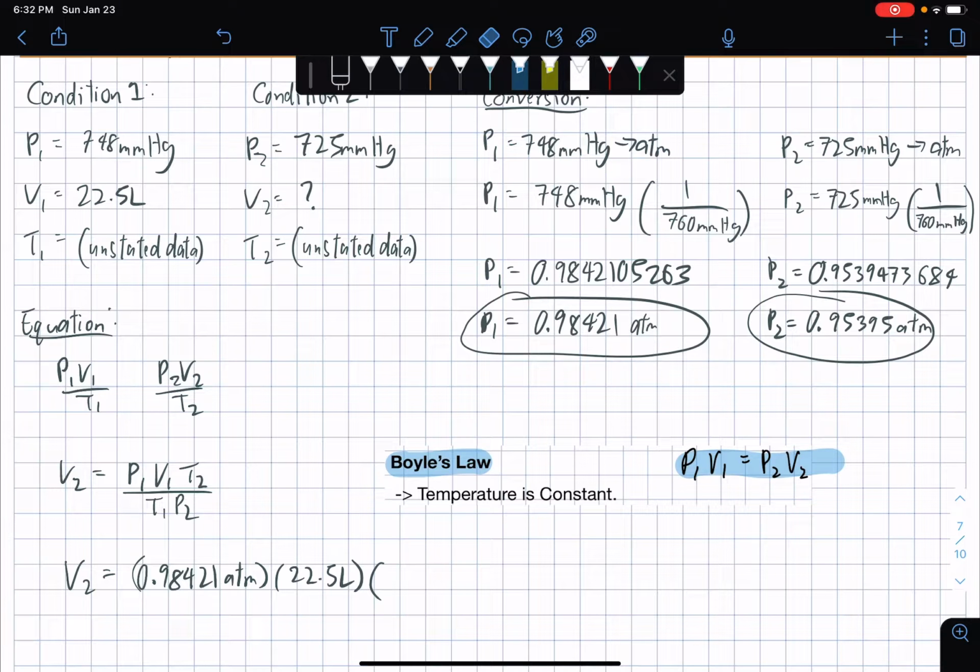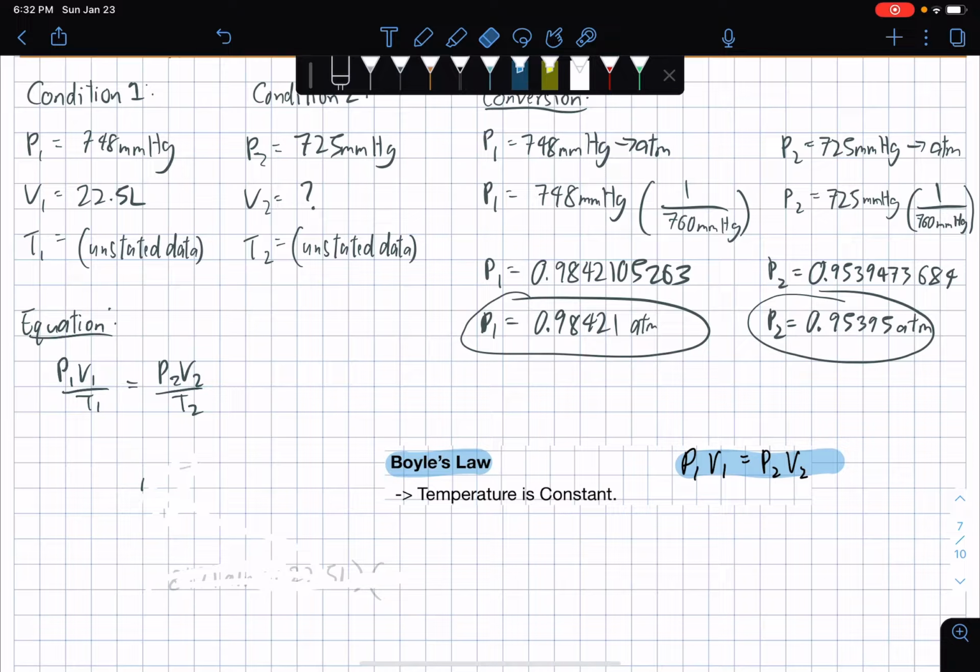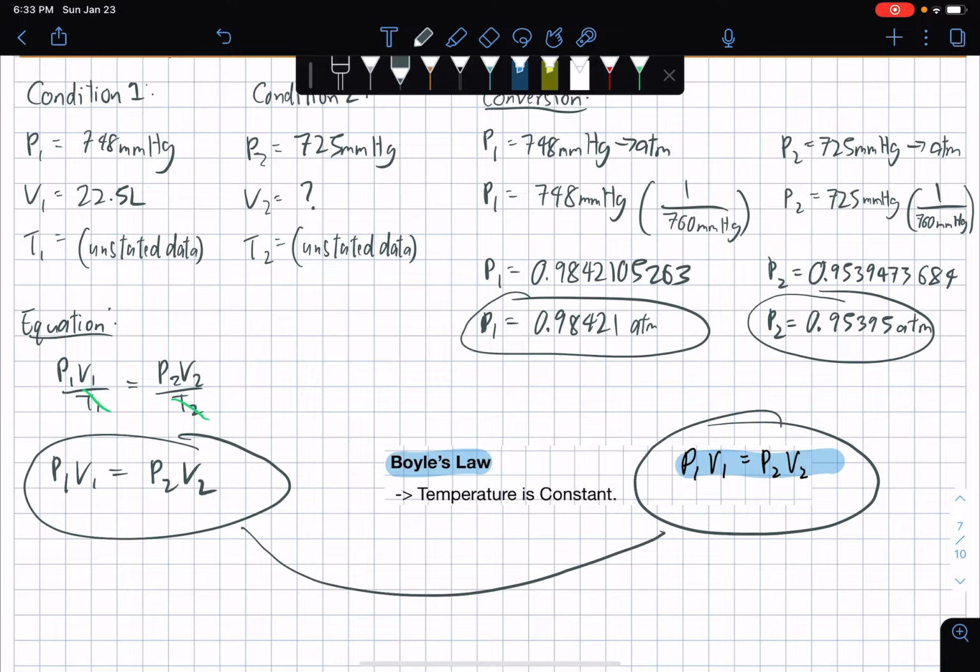I got it all wrong. Return back to the equation. I forgot to eliminate the values of T because again, T1 and T2 have unstated data. So we'll disregard that and we'll have P1V1 is equal to P2V2. I'm so sorry about that. Boyle's law, as you can see, they're both connected to each other.